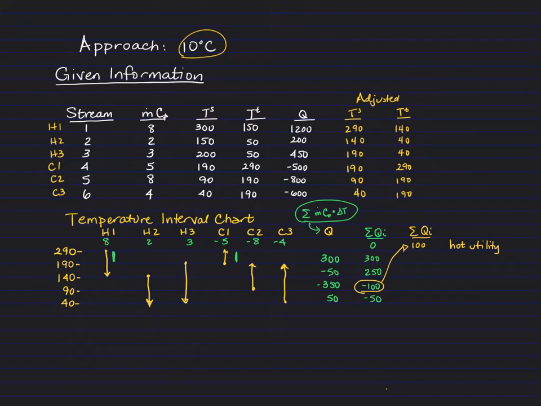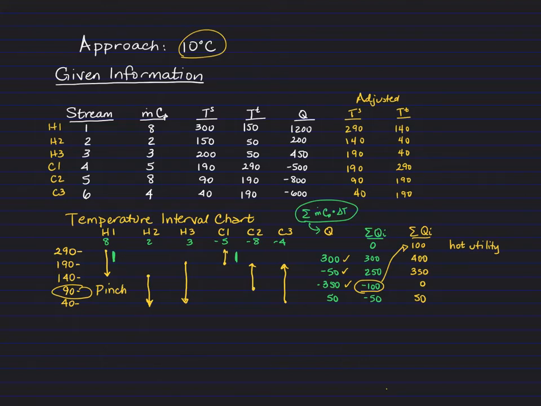And then I'm going to add 100 plus 300, 400 plus negative 50, 350 plus negative 350, 0 plus 50. And so now then my smallest point is 0. And this tells me that this is going to be my pinch. Okay, so I've identified the pinch during doing this technique.